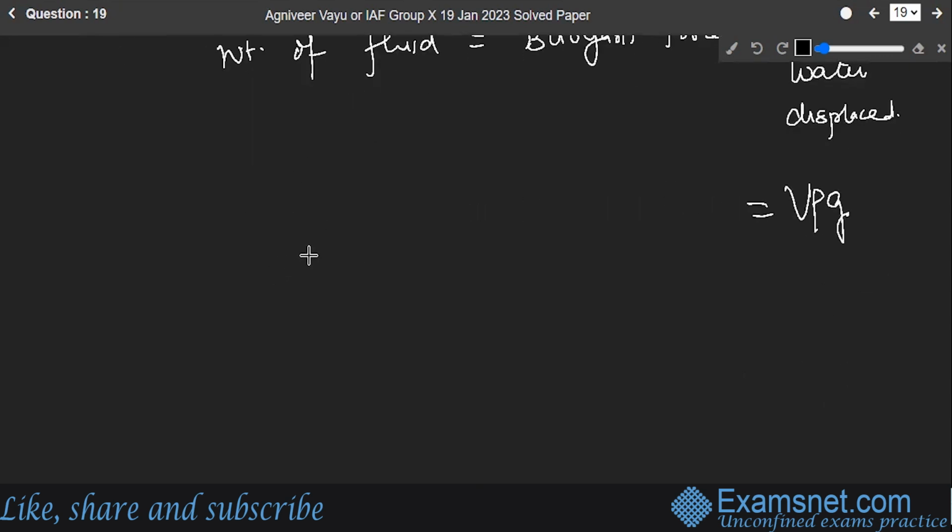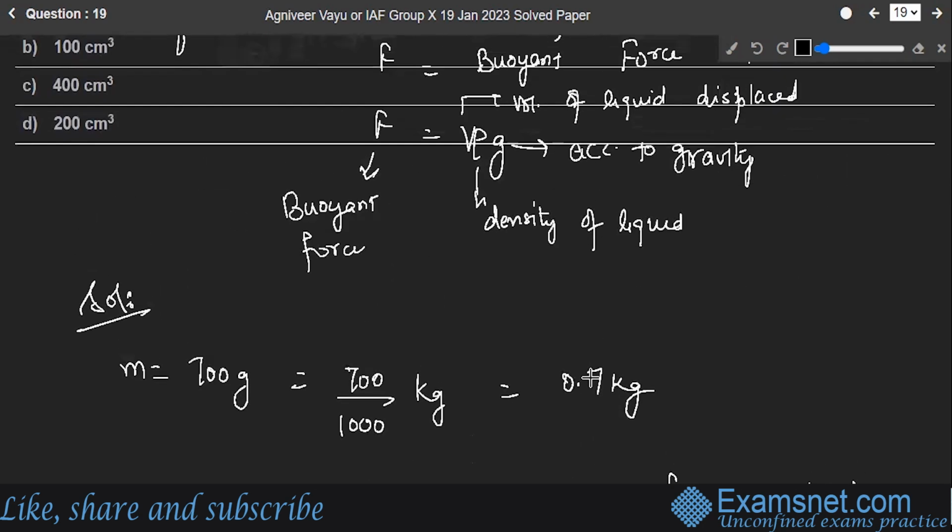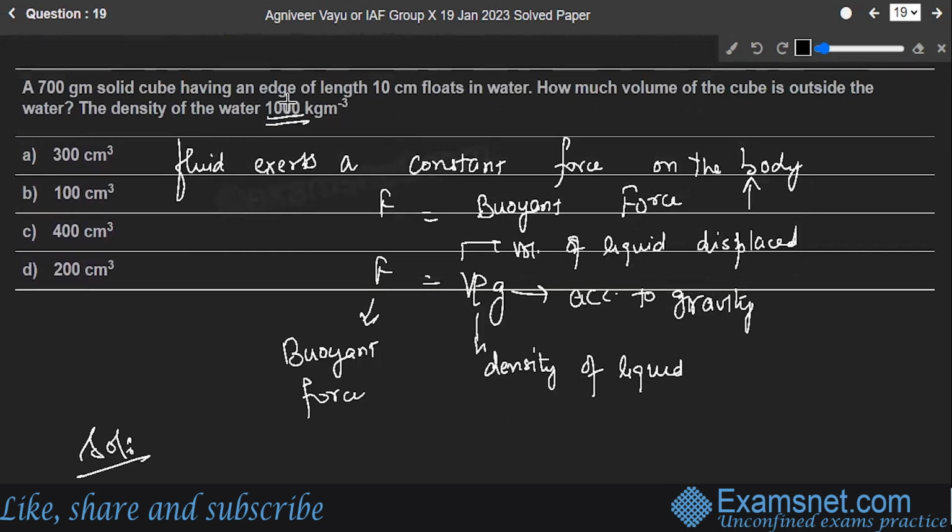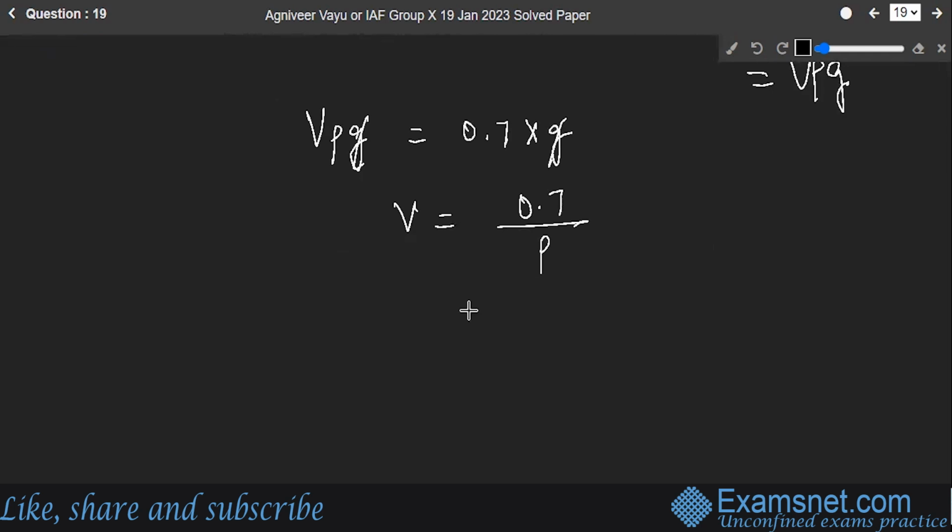Which means this is equal to 0.7 into g. G and g will get cancelled. So you have V is equal to 0.7 divided by the density of the liquid. And density of the liquid is given to you as 1000 kilogram per meter cube. So that is equal to 0.7 upon 1000, which is equal to 7 into 10 raised to power minus 4 meter cube, or this is equal to 700 centimeter cube.